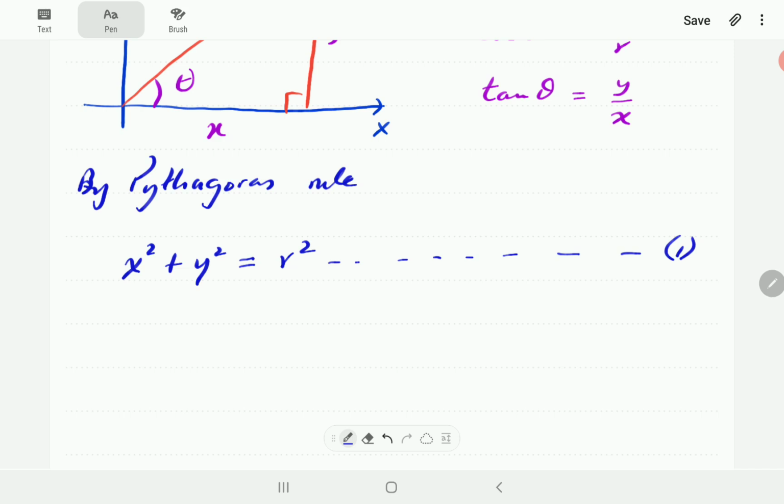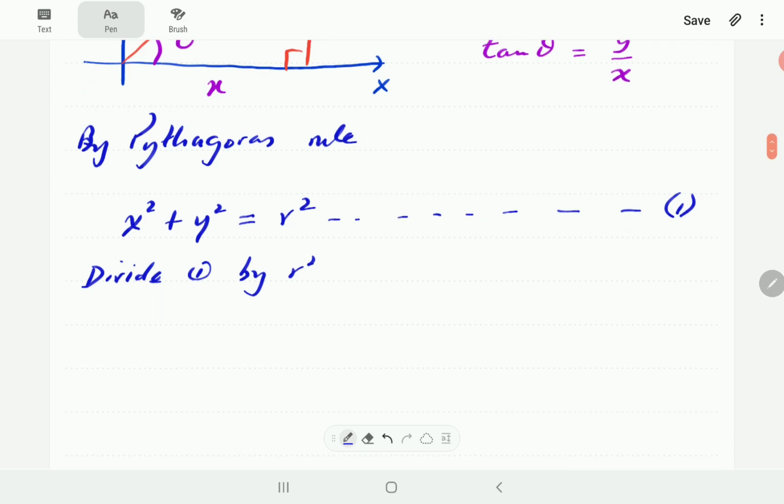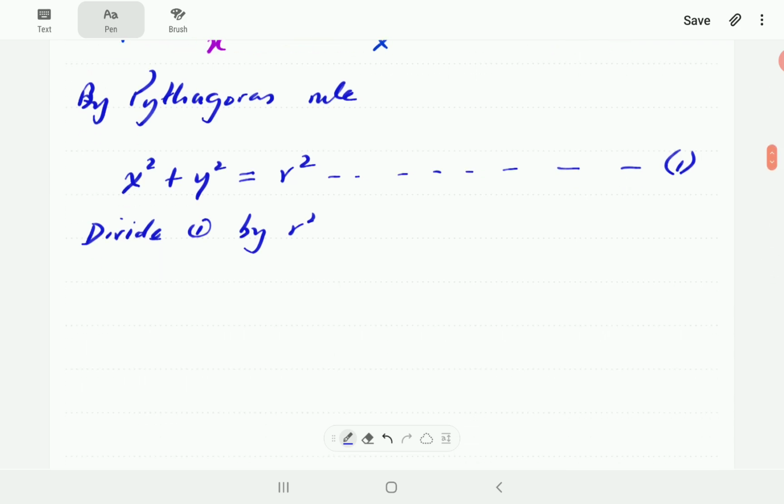Okay, now we are going to divide 1 by r squared. Now remember, r can never be equal to 0, so we can do this without any anticipated problems.